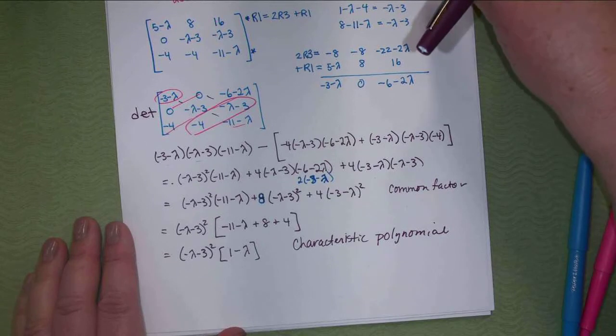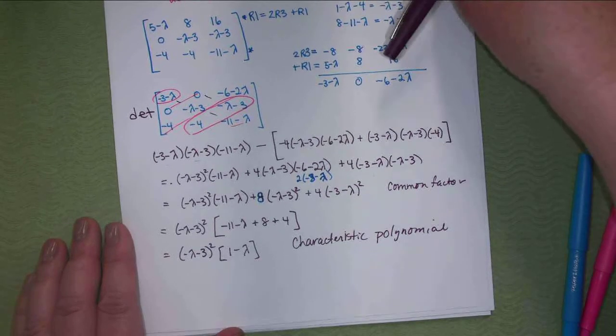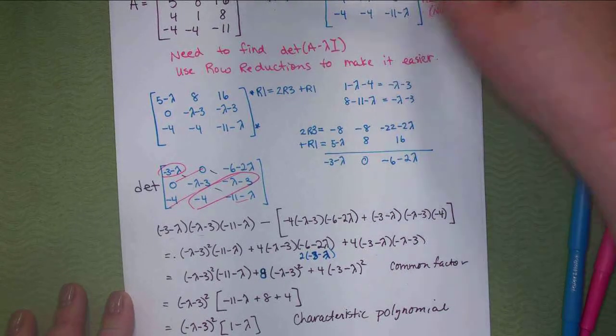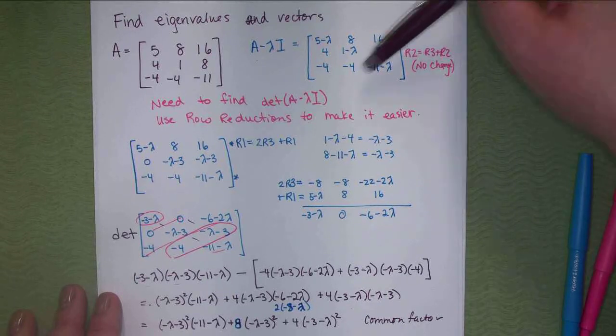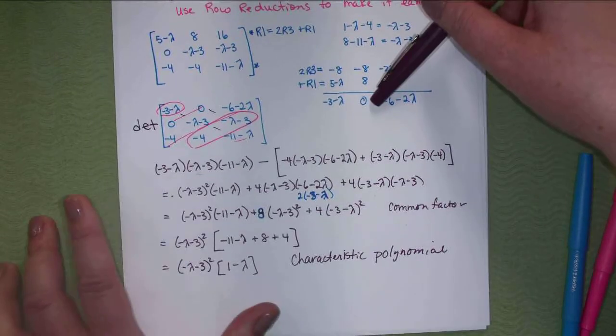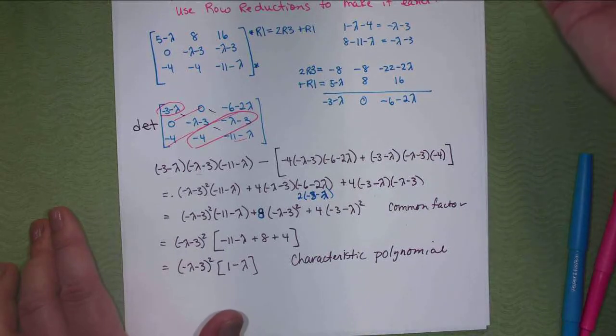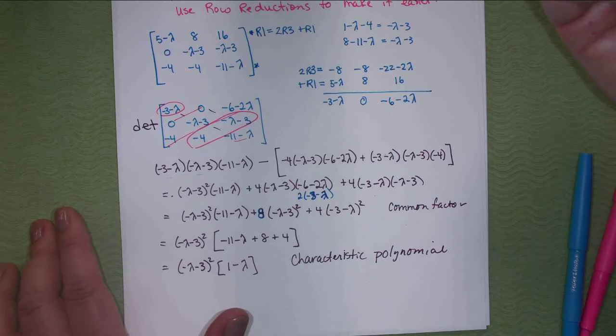Okay, but this took a long time to get to this point, mostly because I was talking a lot. But what did we do? We subtracted lambdas from the diagonal. Then we have to do the determinant. If you don't make zeros, you won't be able to do this, factoring out common factors all along. You'll have to be able to do polynomial long division, because you'll have all these terms and they will not have something in common to factor out to the front.